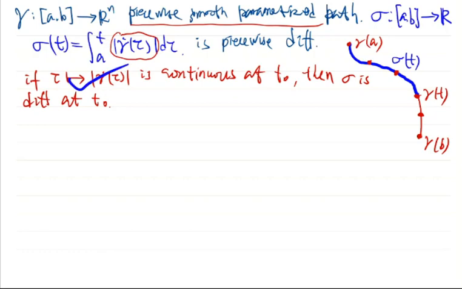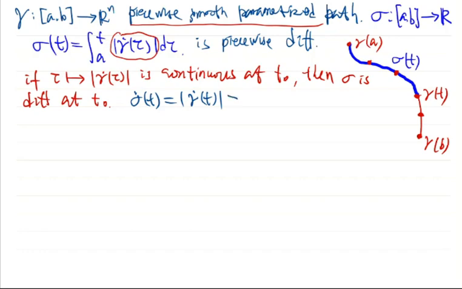Therefore, correspondingly, sigma is differentiable at those points. Therefore, this sigma is piecewise differentiable, and obviously the derivative of sigma is the norm of the derivative of gamma at t.